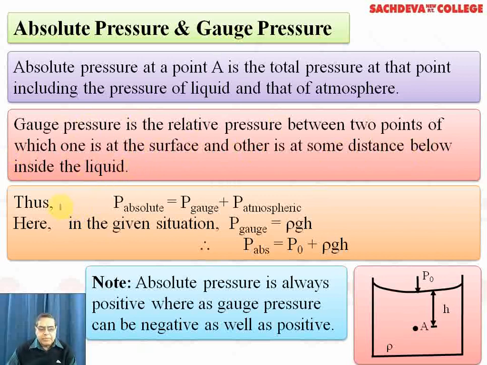Therefore, absolute pressure will be gauge pressure plus atmospheric pressure, and we can write it mathematically as P naught plus rho gh. Absolute pressure is always positive, whereas the gauge pressure can be negative as well as positive.